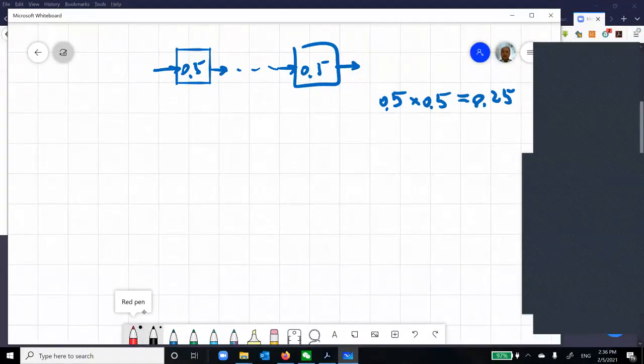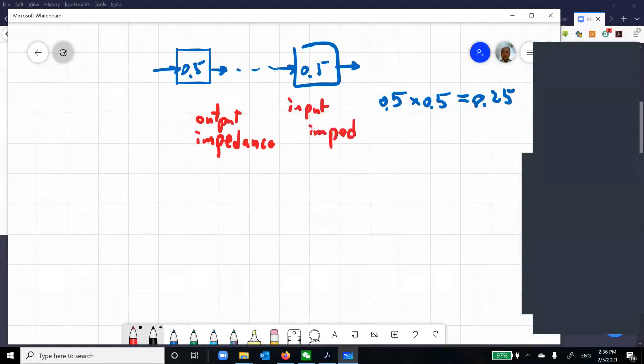The reason is we forgot one thing, it's called output impedance. We forgot to talk about the input impedance here. They are not matched. So therefore, you cannot do it directly. This is wrong in this case, okay?